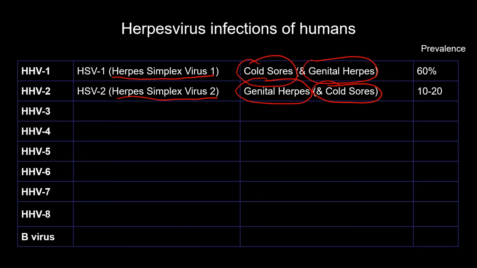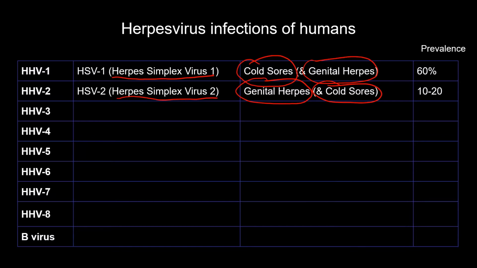You've probably heard of cold sores and genital herpes, and they can be caused by these 2 viruses. Usually when people say herpes, they do mean genital herpes, the sexually transmitted infection. But medically, when we say herpes virus infection, it could actually mean quite a few different viruses.